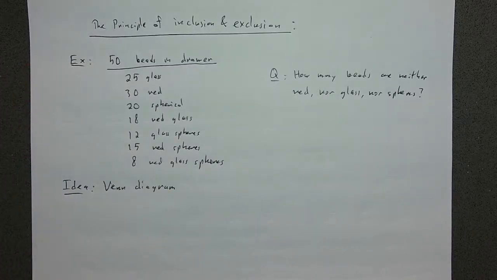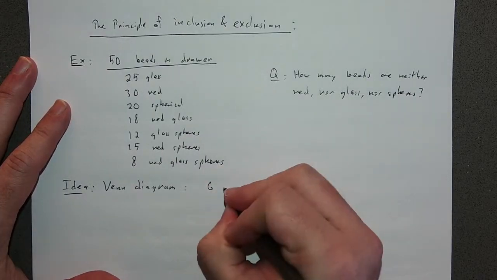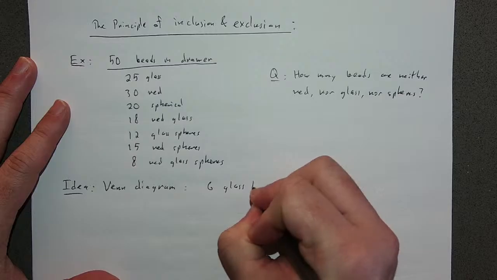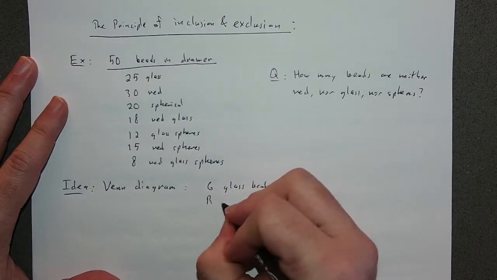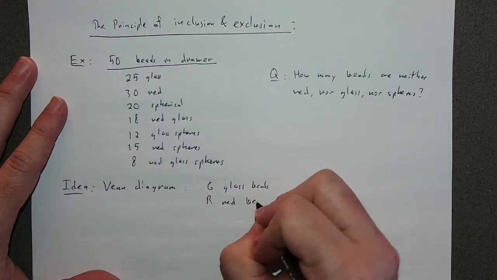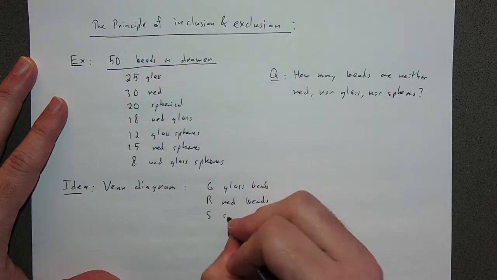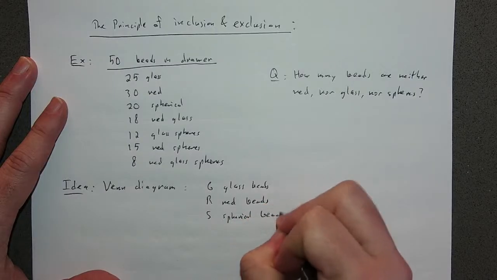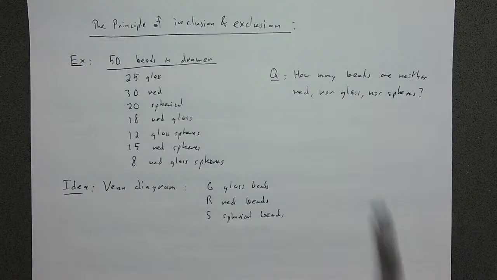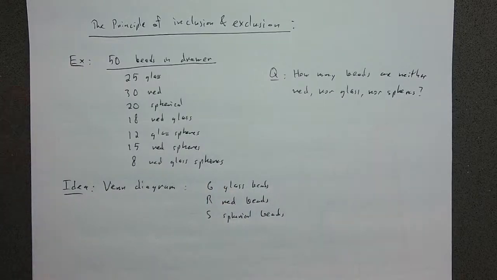The sets I'll use are G, the glass beads, R, the red beads, and S, the spherical beads. So I'm looking for beads that are in none of those.